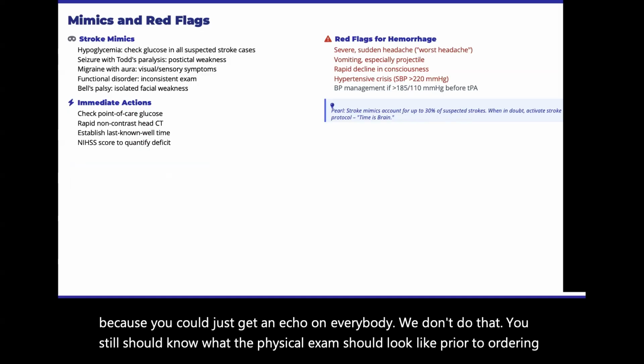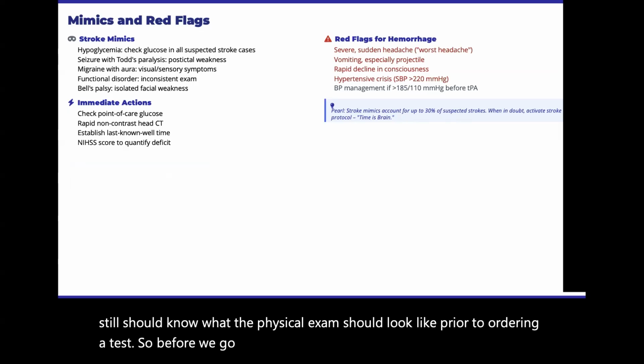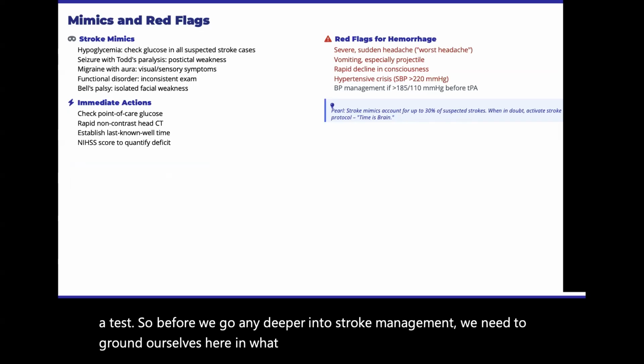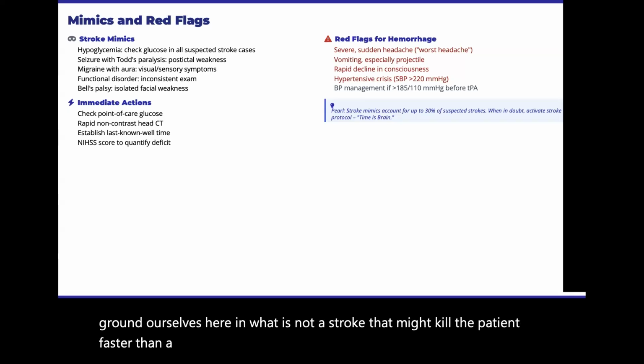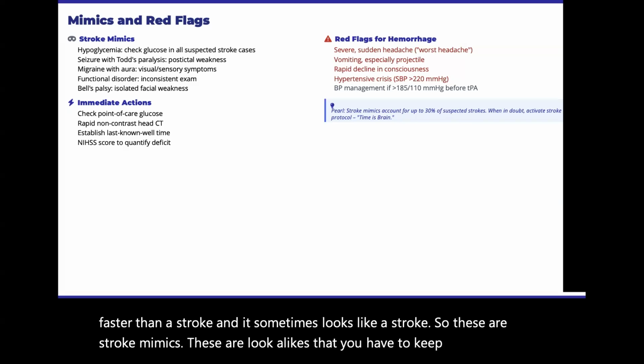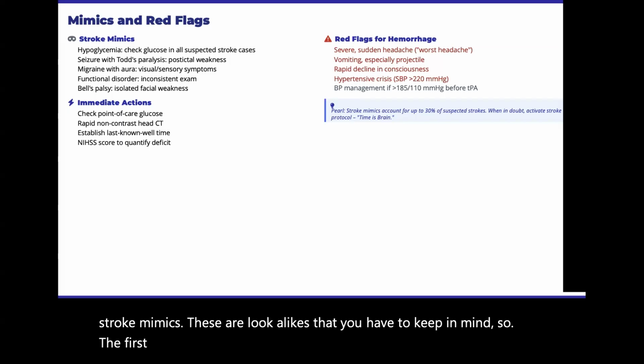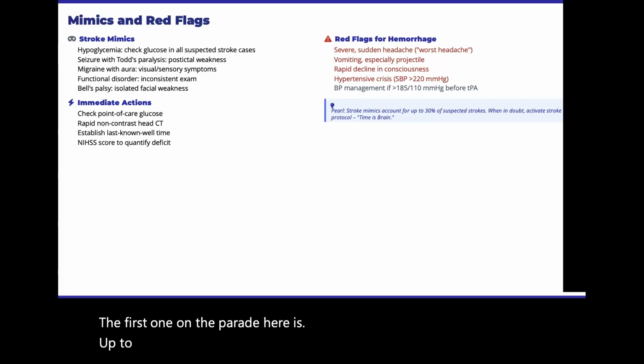So before we go any deeper into stroke management, we need to ground ourselves in what is not a stroke, that might kill the patient faster than a stroke, and sometimes looks like a stroke. These are stroke mimics, lookalikes that you have to keep in mind. Up to 30% of suspected strokes are actually something else.